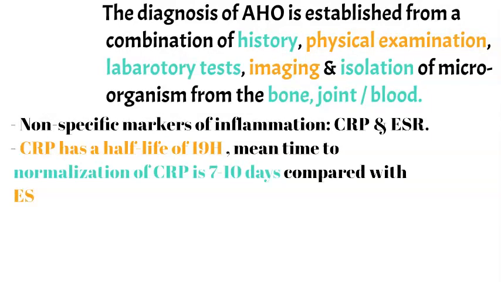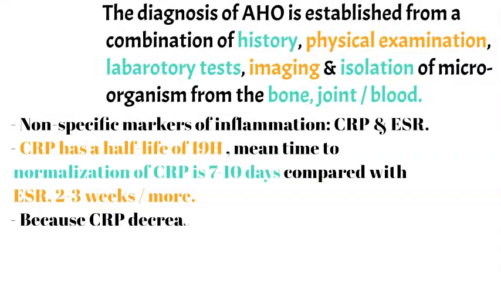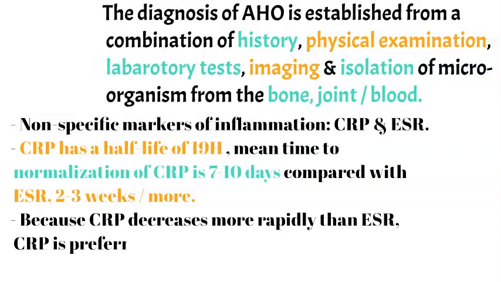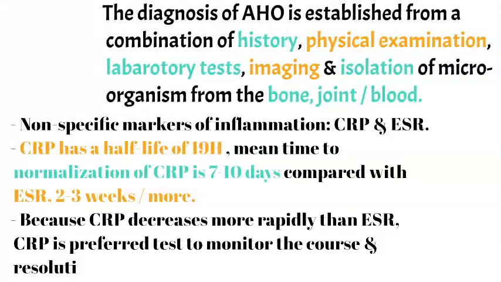CRP has a half-life of 19 hours. Mean time to normalization of CRP is around 7 to 10 days compared with ESR, that is 2 to 3 weeks or more. Because the CRP decreases more rapidly than the ESR, CRP is a preferred test to monitor the course and resolution of illness.